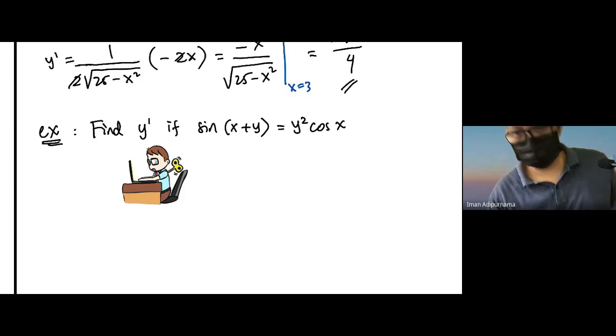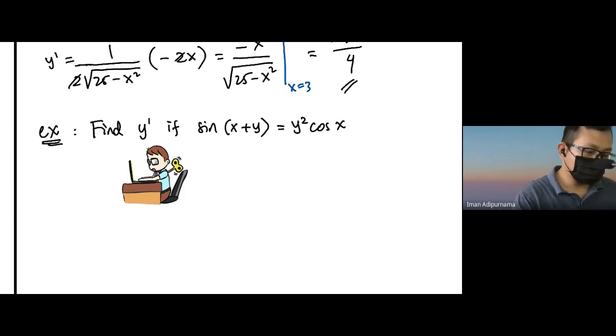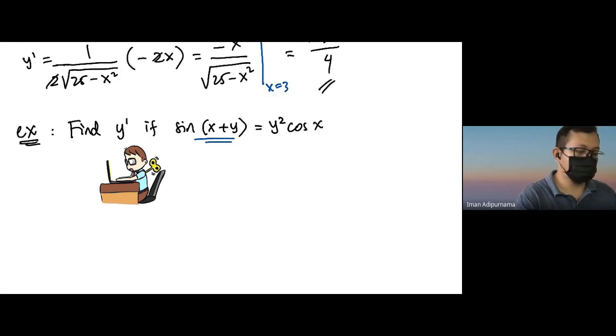Check also. All right, we can start with sine x plus y. We can differentiate sine easily. We get cosine.